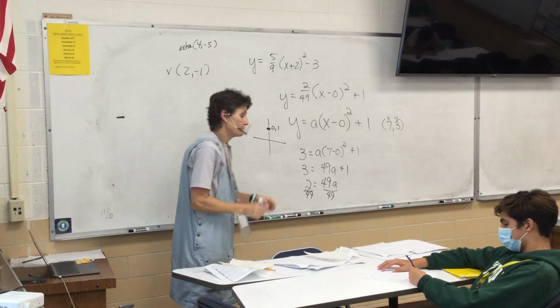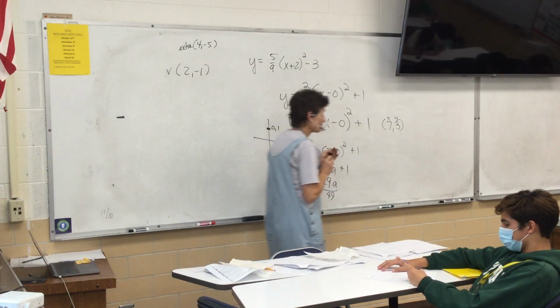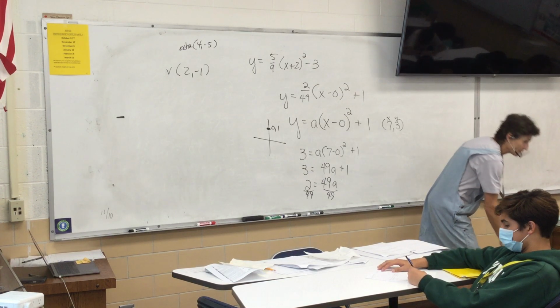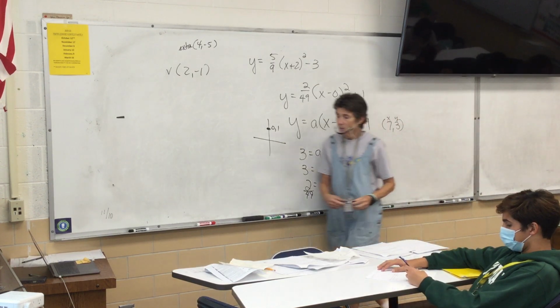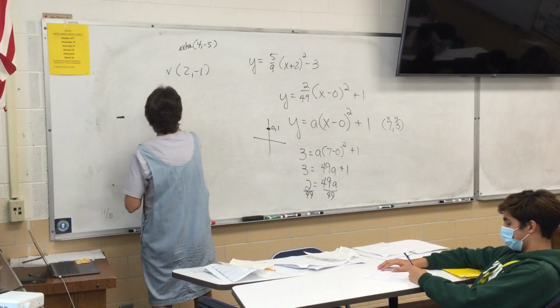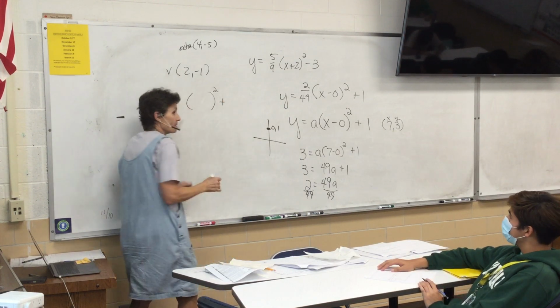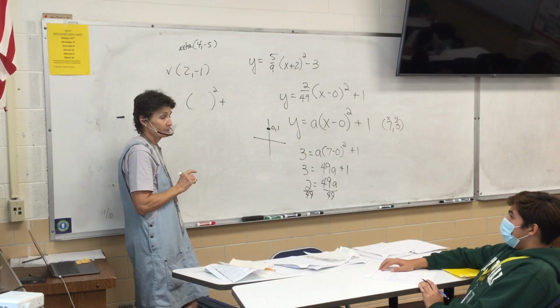Now, when kids make mistakes on these problems, it's because they're not careful about which point they're using. Remember, the one that you start with, the one that goes into the parentheses and at the end, has to be the vertex. That's the vertex.